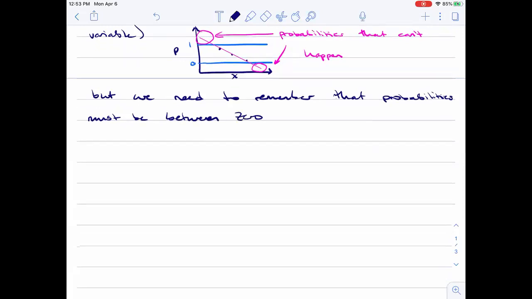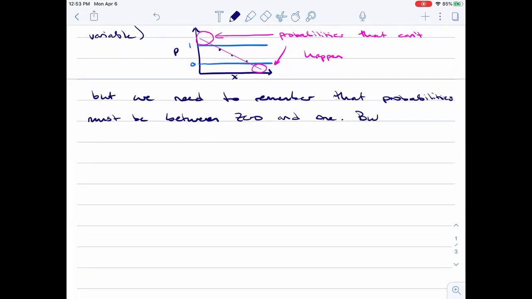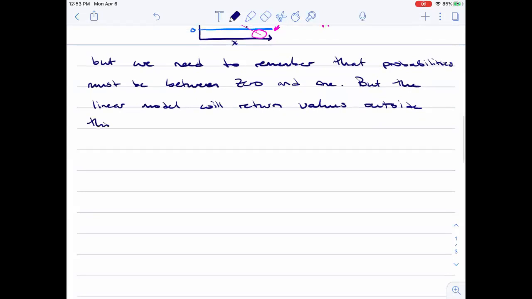But the linear model will return values outside this range, right? Which is not good.